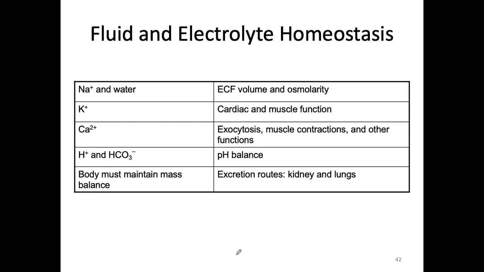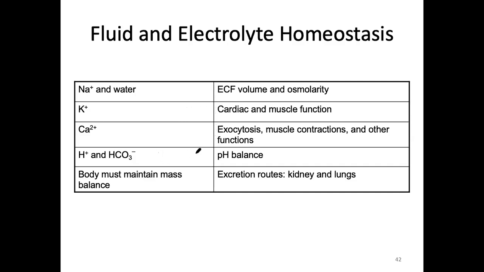All right, so reabsorption, secretion, and excretion. Let's talk about the different ions, right? So sodium and water, what do we use sodium and water for? Extracellular volume and osmolarity, right? Particle concentration. Potassium is important with cardiac and muscle function. Calcium is important with muscle contractions as well, exocytosis and other functions.